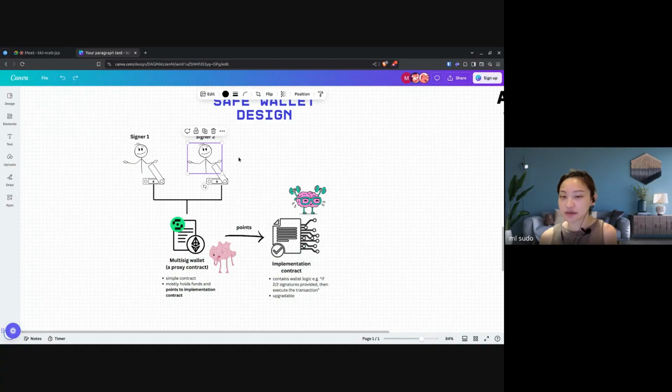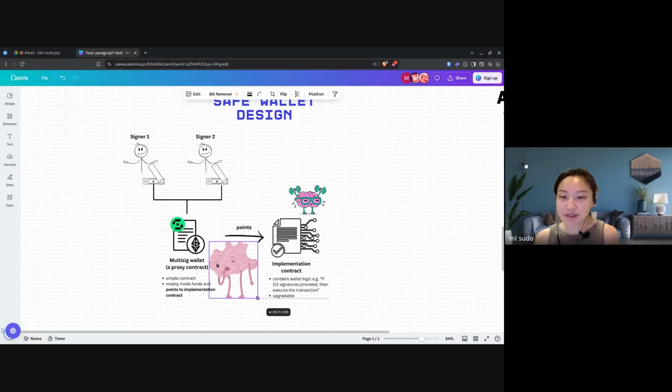Let's just assume there were 2 signers. And the way their smart wallet was designed was that both of them need to sign in order for any transaction to proceed. The multi-sig wallet owned by the 2 signers is a proxy contract, like you said. And what I did here is I put a picture of a brain with holes in it to represent that. It's a very simple contract. It mostly just holds the funds.